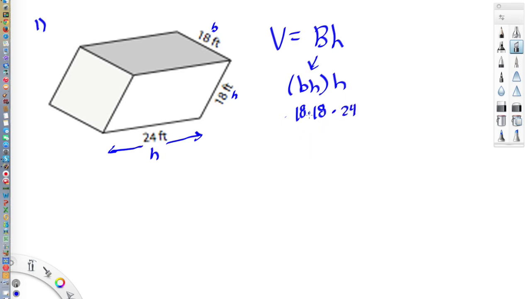These are all feet. So I get 18 times 18 times 24, which is 7,776 cubic feet.